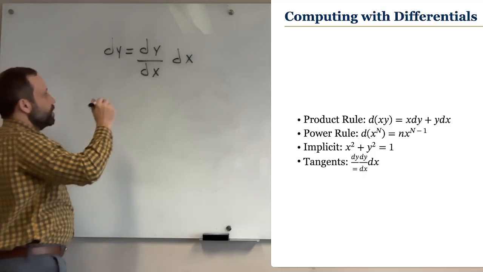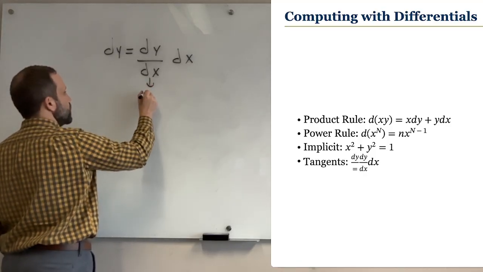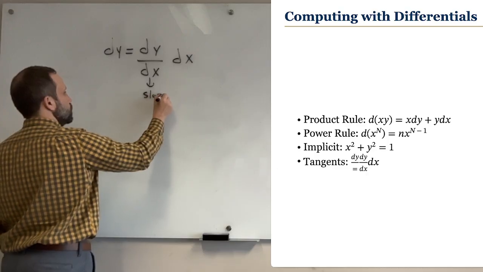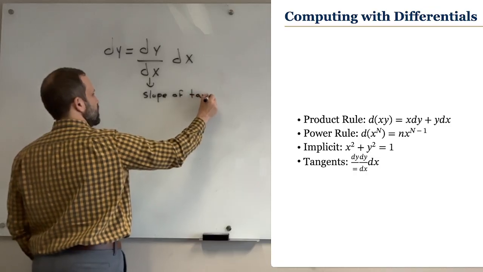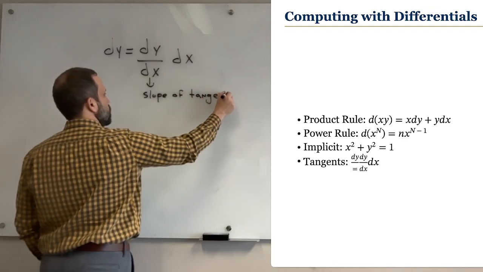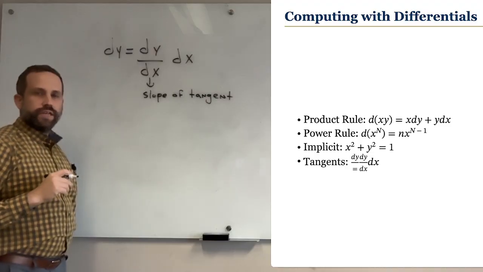So remember, dy/dx is the slope of the tangent. That was one of the very first things that we saw.